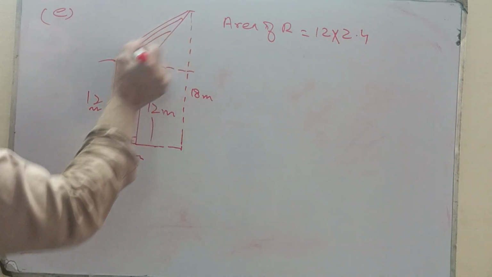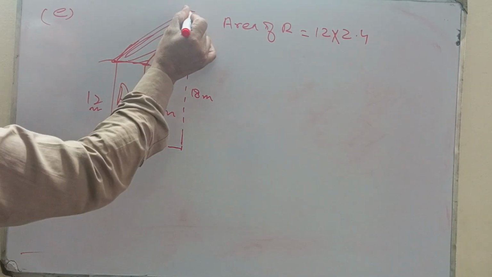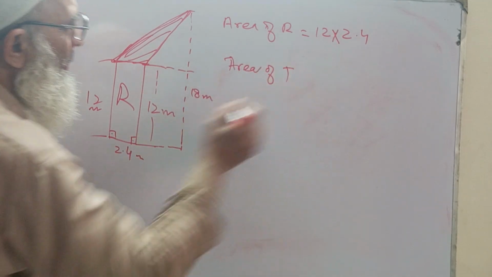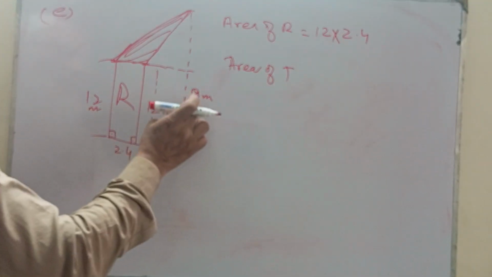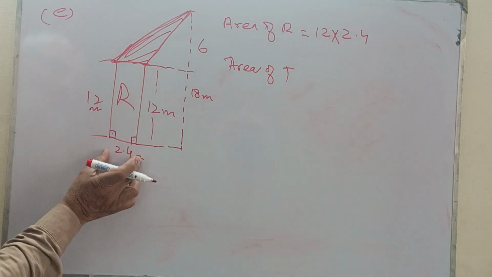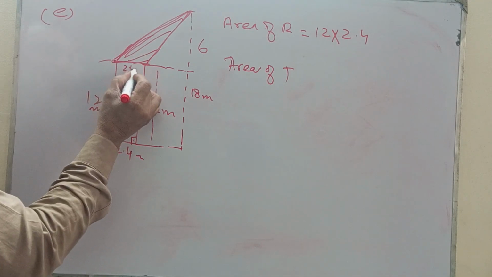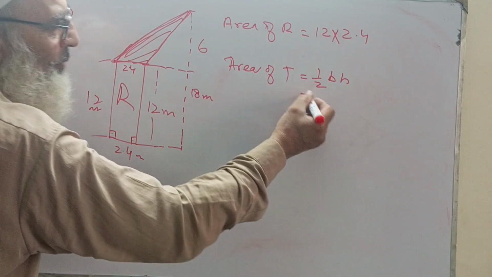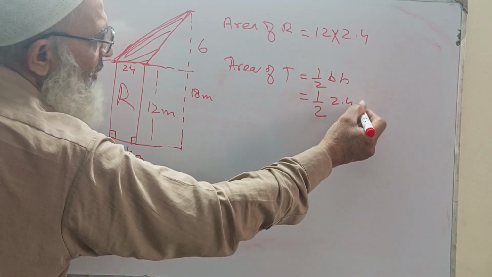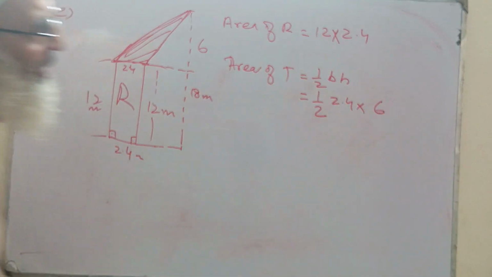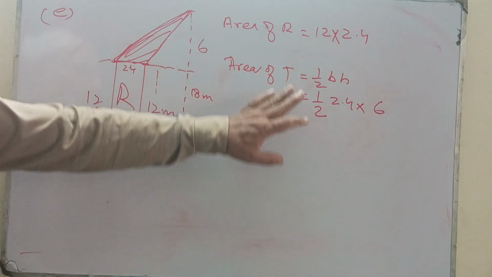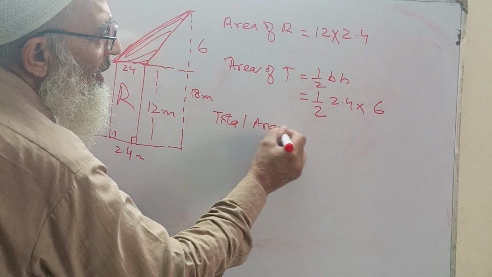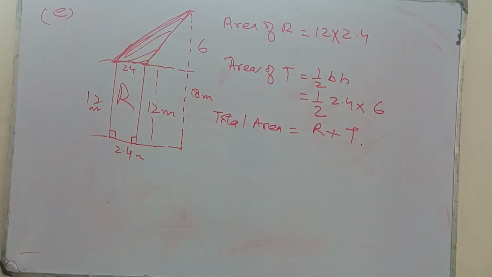You know the area of a triangle, area of T. 18 minus 12 is 6 over here, and the base is the same, 2.4. Area is half base into height, so it will become half multiplied by 2.4 multiplied by 6. And the total area will be area of R plus T. So this is your answer.